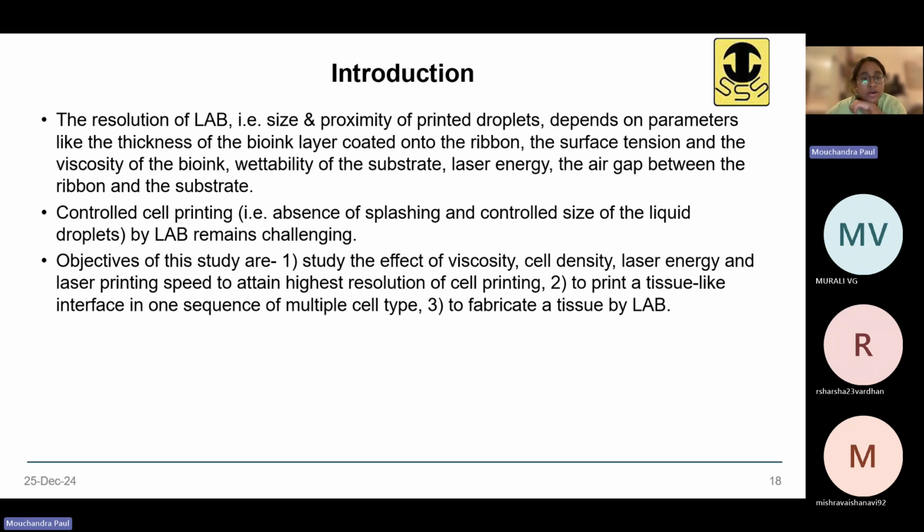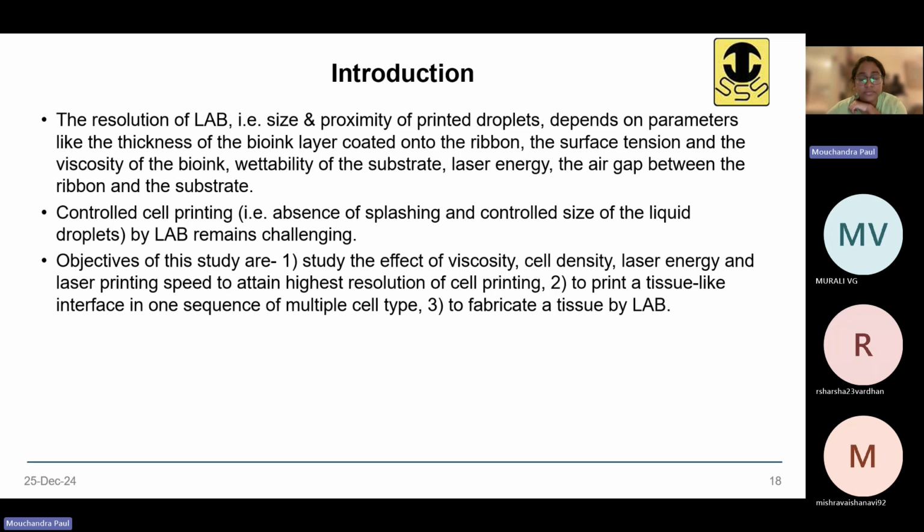By now I think all of these terms make sense to you, right? Because you already understood how these parameters are there in the process and how they may affect the resolution. If it's not clear, let me know.